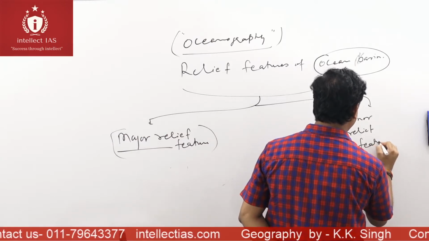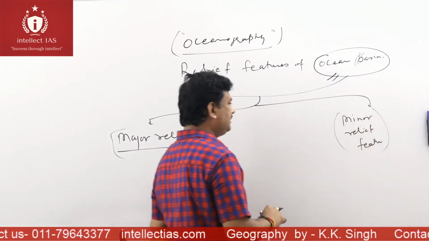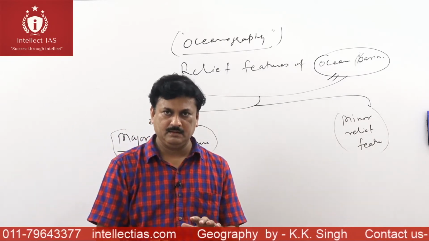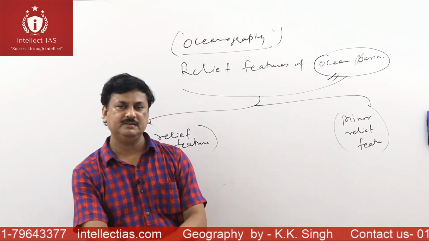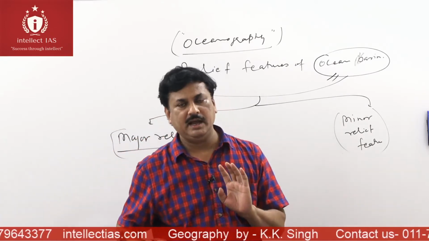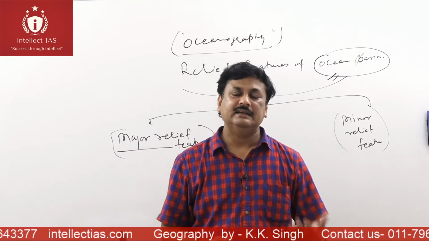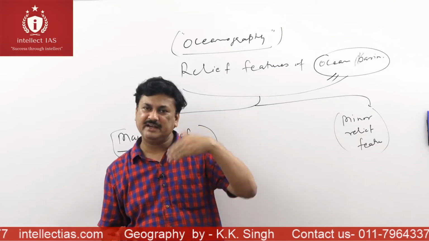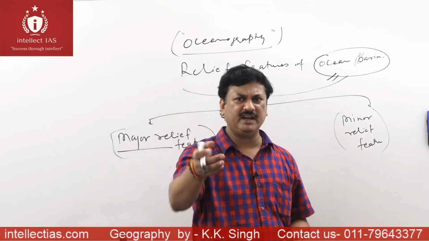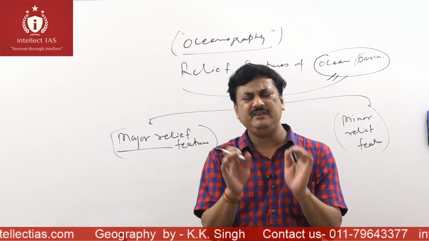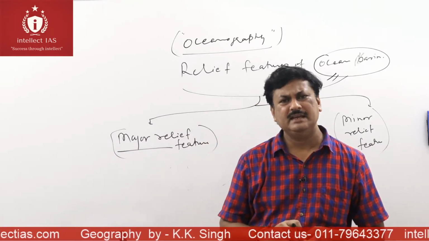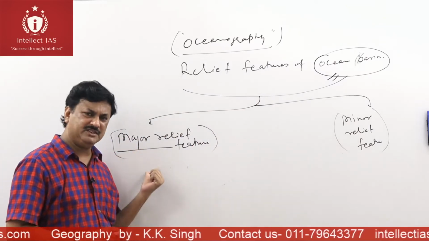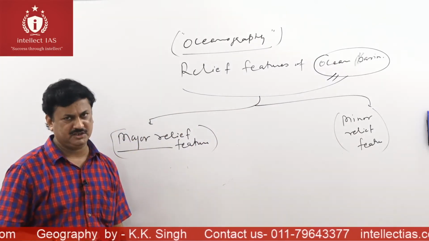So the ocean floor is not a flat surface, but it has a large number of relief features, and all these are the product of volcanic, tectonic, erosional and depositional activities. And all the relief features of the ocean are divided into two major groups, major relief features and minor relief features.